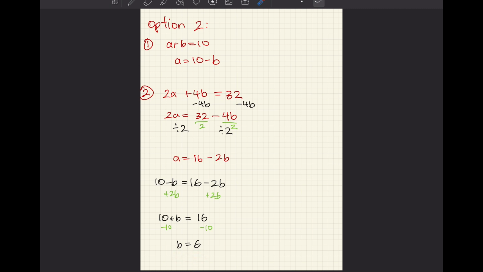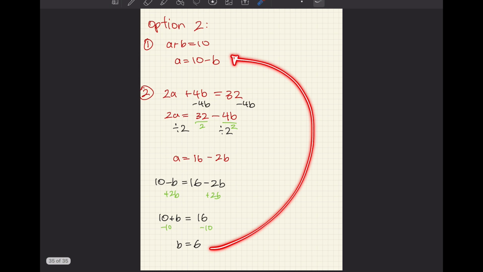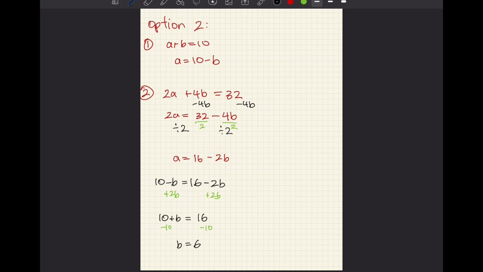Good, so that's the same as last time. Then we have to remember to substitute b equals 6 back into 10 minus b equals a. So a equals 10 minus 6, so a equals 4. Great.